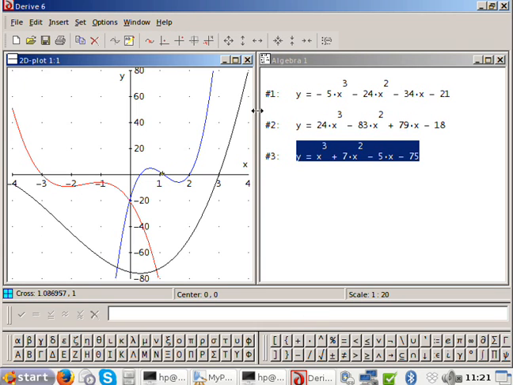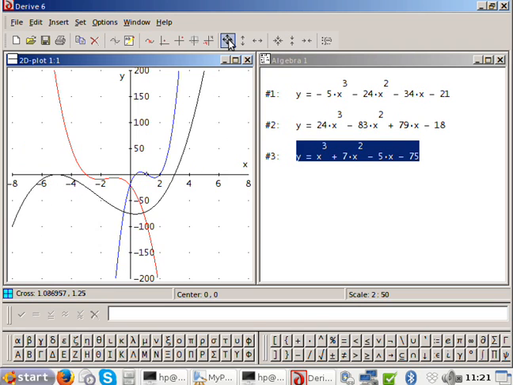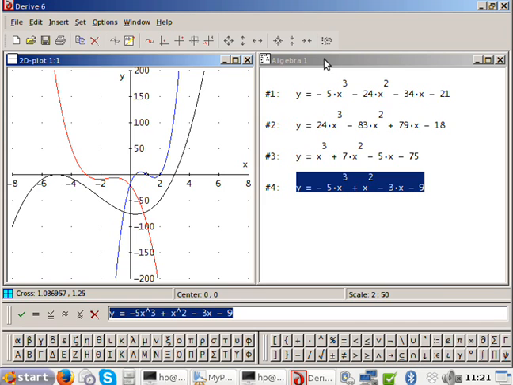And if you want me to zoom out a bit, there it is. And then lastly, y equals minus 5x cubed plus x squared minus 3x minus 9, in green.